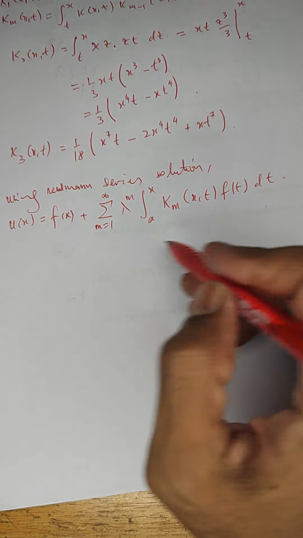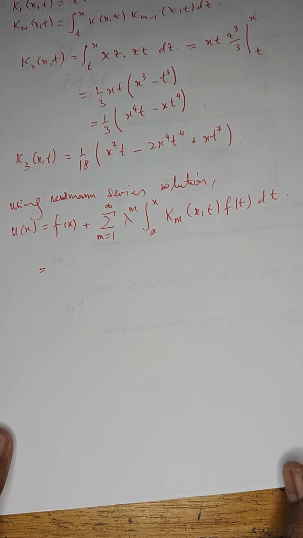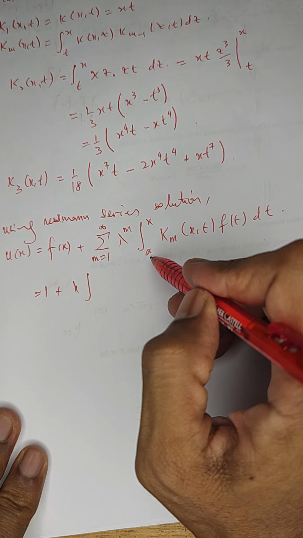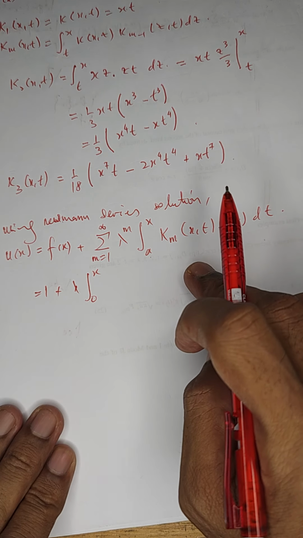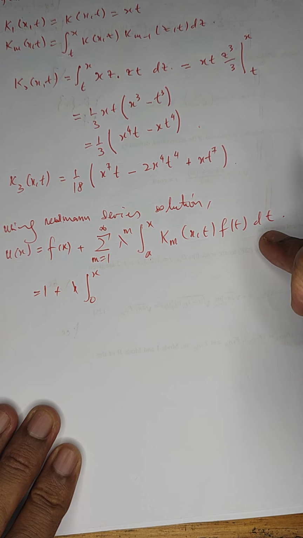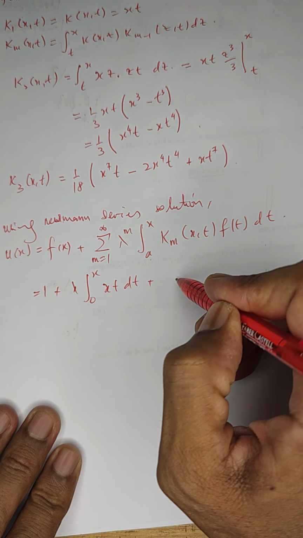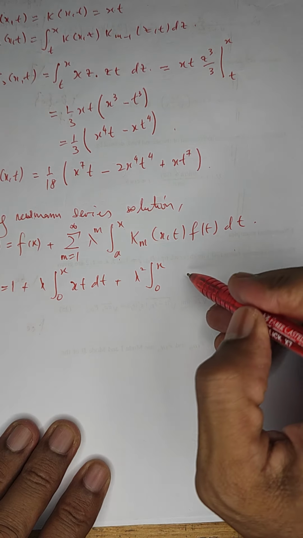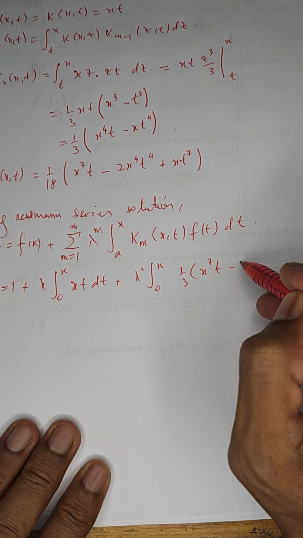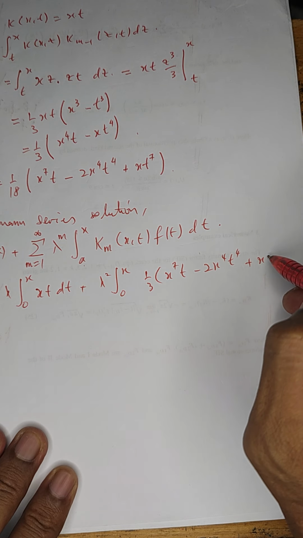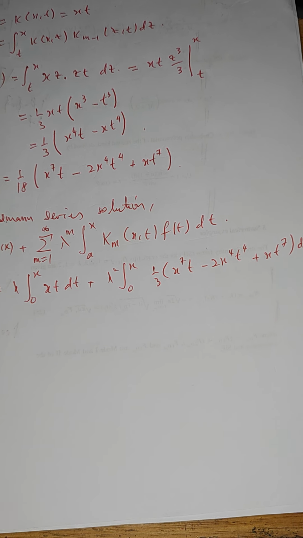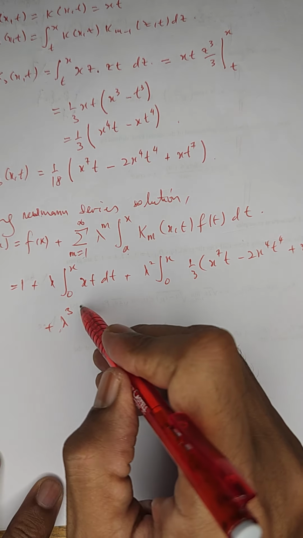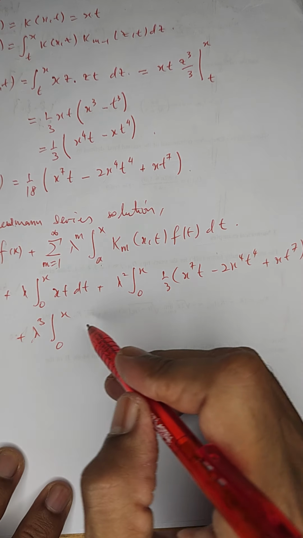Our f(x) is 1, so we have 1 plus lambda times the integral from 0 to x of K1, which is xt, times 1, dt, plus lambda squared times the integral from 0 to x of K2, and when m equals 3, lambda cubed times the integral from 0 to x.